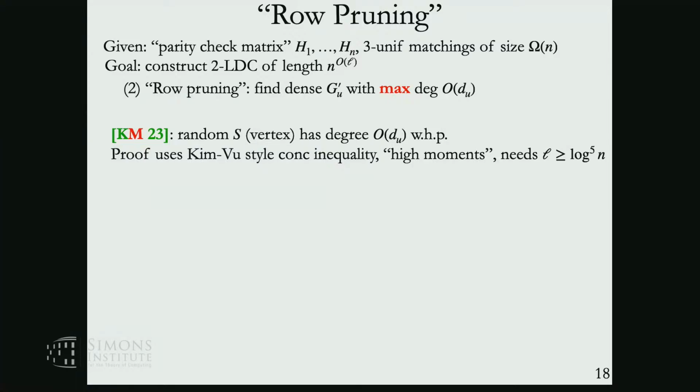So that gives you n indicator variables. If you pick a random S, they're roughly Bernoulli p, where p is L over n. And then we can apply this Kim-Vu style concentration inequality to conclude that this polynomial has good concentration, and therefore the degrees also have good concentration. And this proof is essentially some form of a high moment method, and it loses a few log factors, which is why we at the end need L to be at least log^5 n.